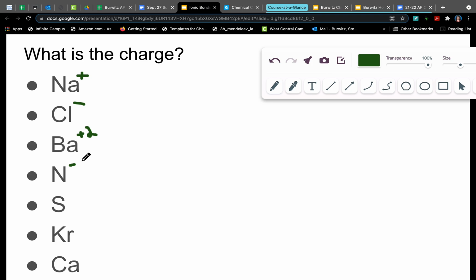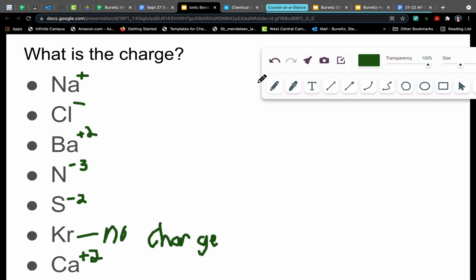Nitrogen, that's in that column with the -3s. Sulfur, that's -2. Krypton, no charge, right? Because that is a noble gas.